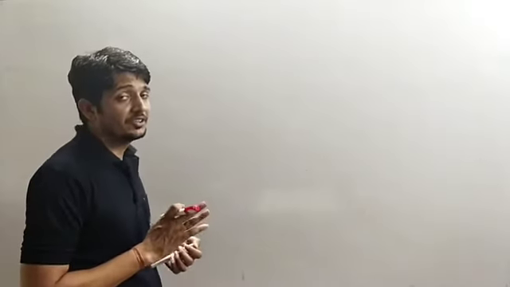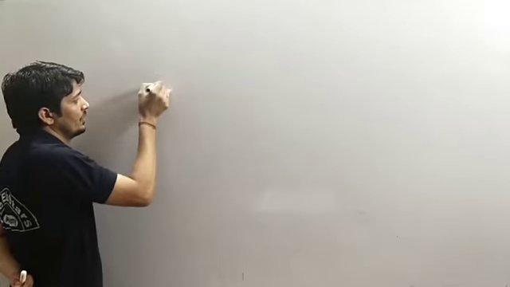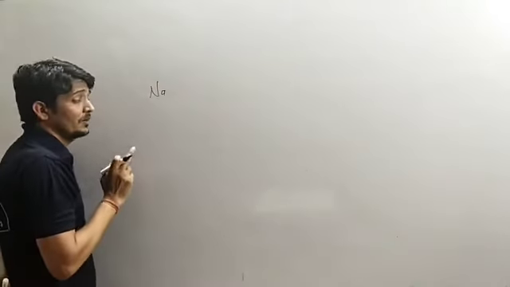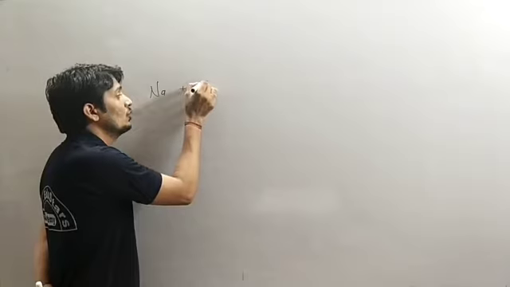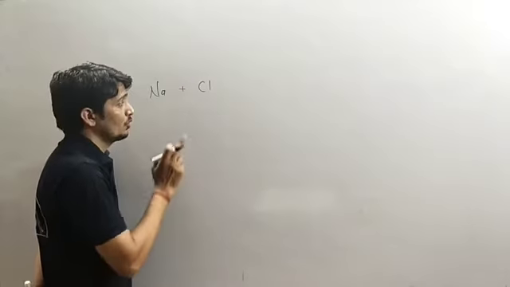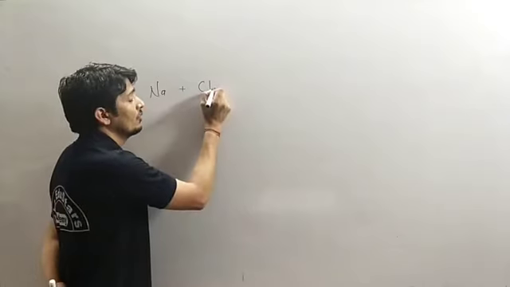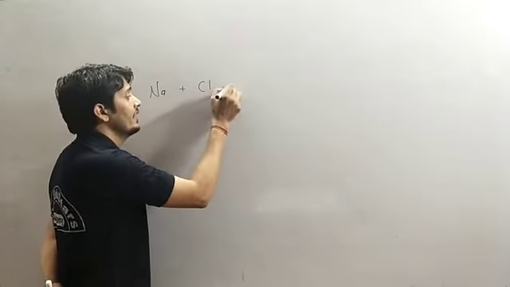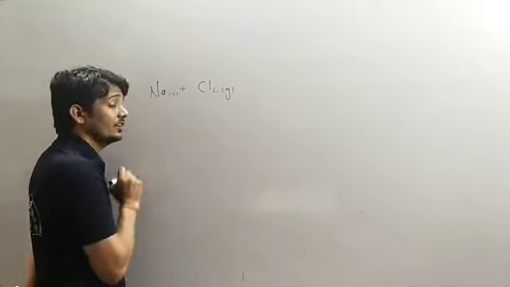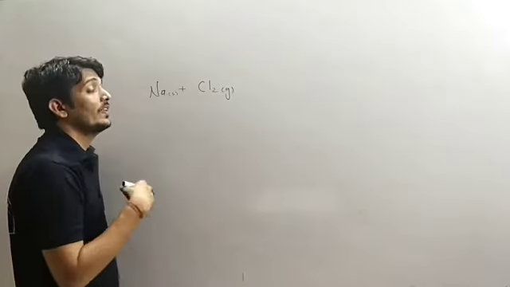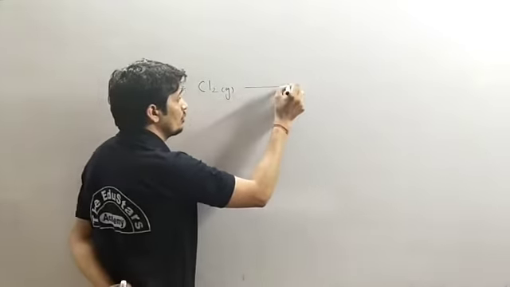We will understand this definition with the help of an example: the formation of sodium chloride. Sodium is a metal with atomic number 11. When sodium reacts with chlorine, which exists in our surroundings in molecular, gaseous form, while sodium exists in solid state, they form sodium chloride.